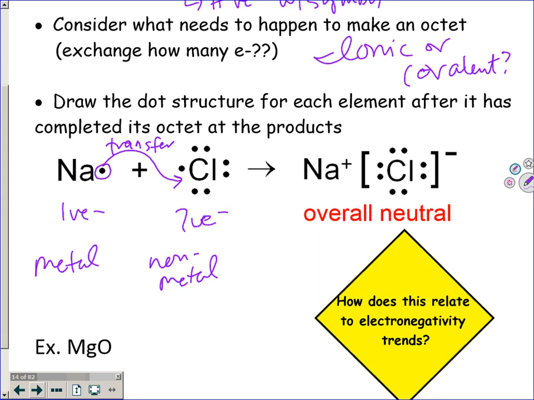So once that happens, here's my end result. I have now sodium, which is now down 1 electron, and how do I show that here? The plus. The plus sign, okay? Amelia, you with me? Can you take this with me? Thank you. And I have a lack of 1 electron, indicating a positive charge overall. Garrett, what do I have here?